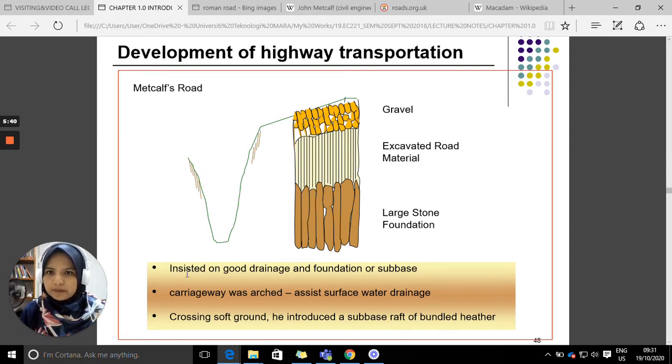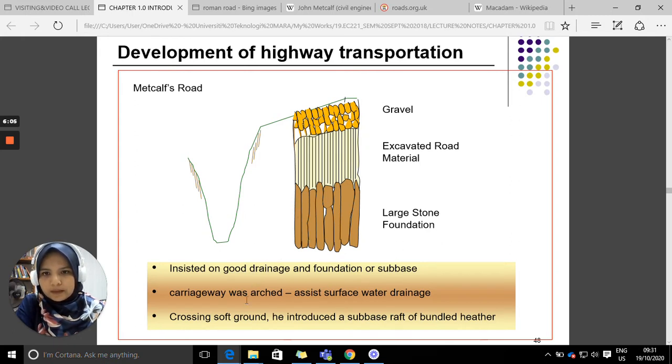What is good about Metcalfe? He thought about the drainage system and the foundation of the subbase. As I told you just now, he put in the chambering system, the curve, to allow good drainage, and he introduced the foundation for a strong base.